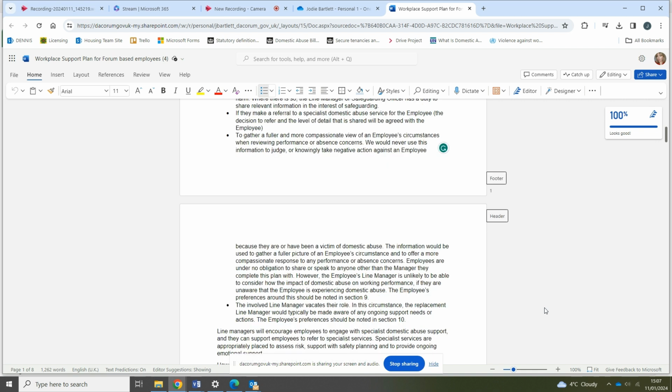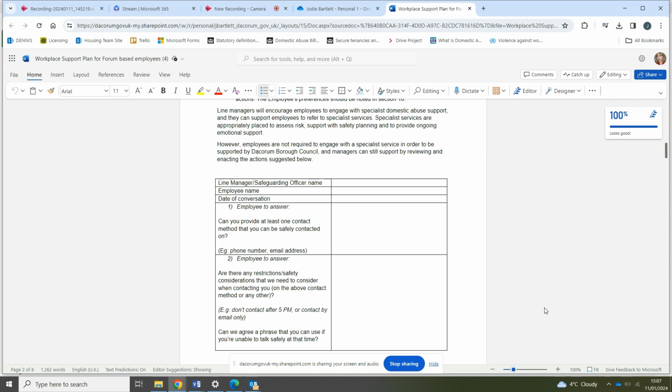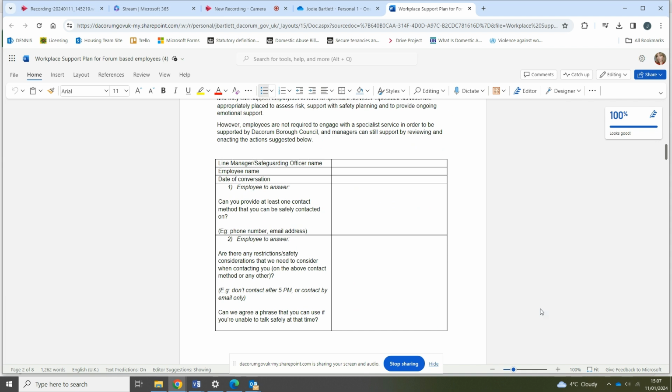When we move into the meat of the form, you'll see that it is quite a straightforward checklist in which you would just complete your name, the employee's name, the date on which you're having the conversation, and then work through the boxes that follow, following a series of questions.